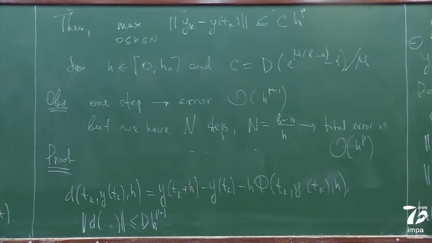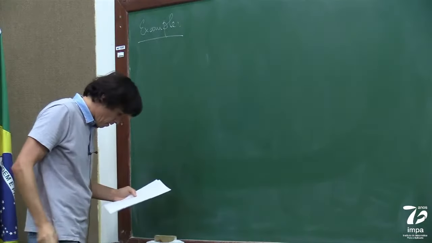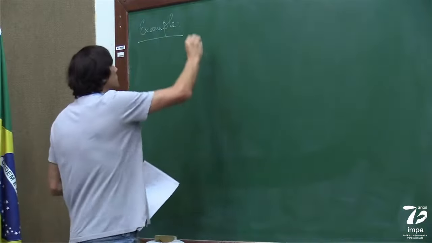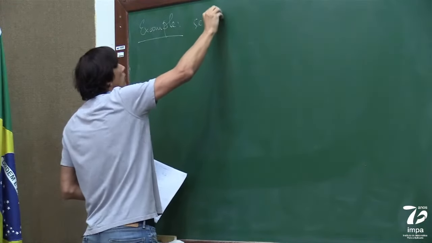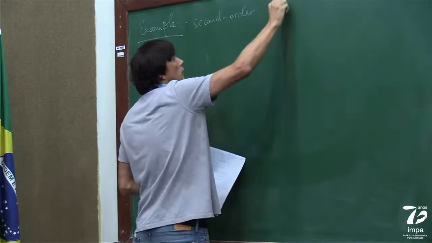So let's check it once for some method. Example: second order Runge-Kutta.